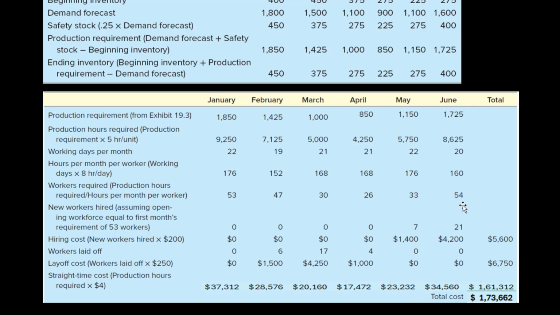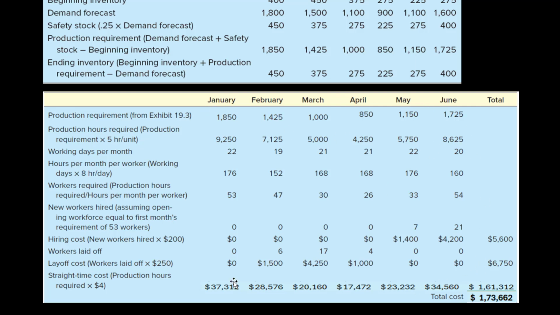In the next month, June, we require 54 people, so we have to literally hire 21 people back, and our total hiring cost will be $4,200, and the straight line cost will be 34,560.